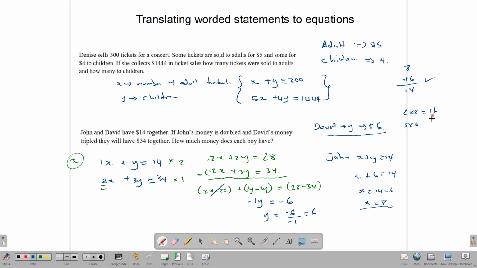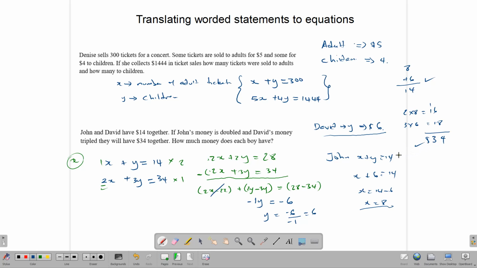This gives us 16 plus 18. 3 times 6 are 18. And adding those two monies, 16 plus 18 is 34. We see that if that situation happens, if John's money is doubled and David's money is tripled, they have $34 together.